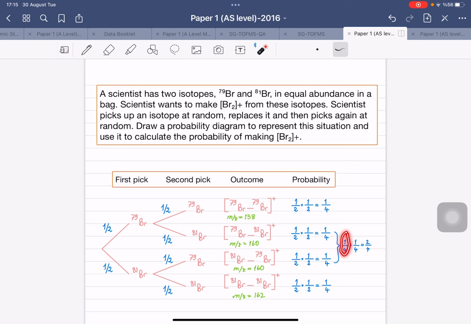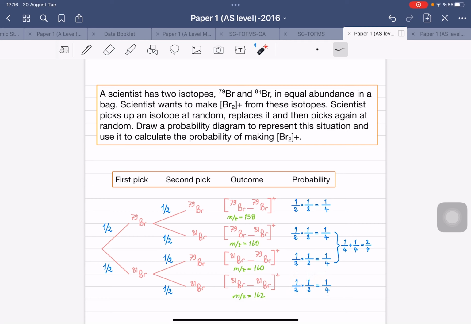I have to add up these probabilities together. Finally, making this molecular ion with a mass of 162 has a probability of 1 out of 2 times 1 out of 2, which makes 1 out of 4.